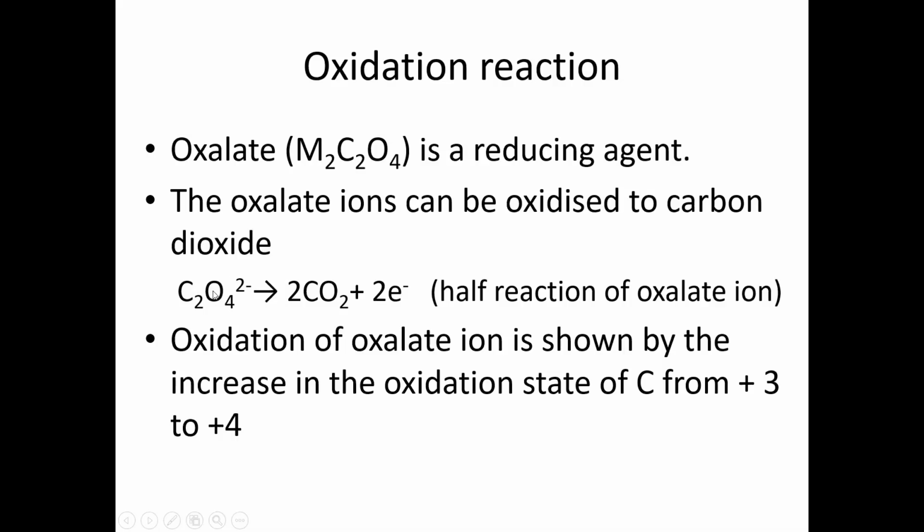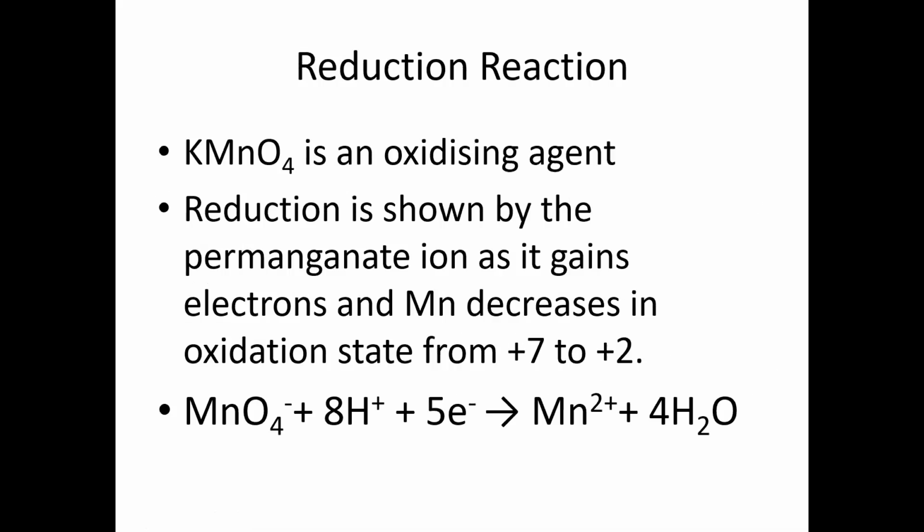This is the ionic form of the oxalate ion, and when it is oxidized to CO2, 2 electrons are lost. The oxidation of the oxalate ion is shown by the increase in the oxidation state of carbon. The oxidation state of carbon is increased, and that is why it is oxidized. That's the oxidation half equation.